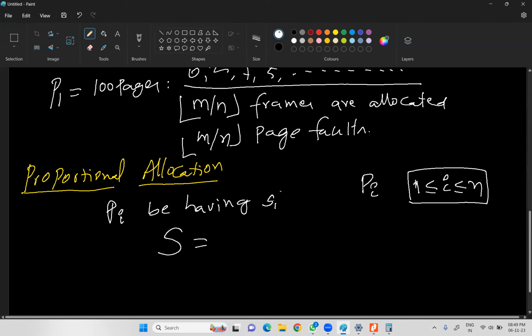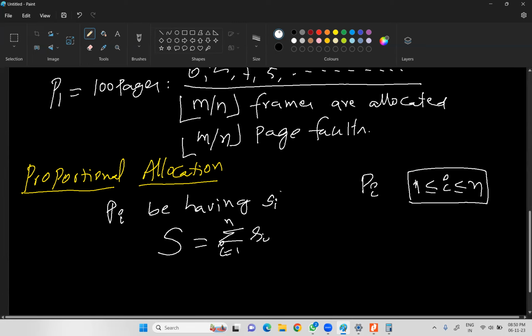I have to write it like this: small si. Each process requires this much space, so S will be equal to the sum over i equals 1 to n of small si. This is the total amount of space that may be required.